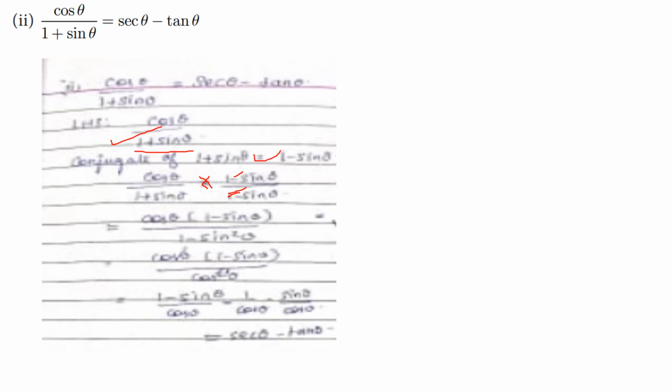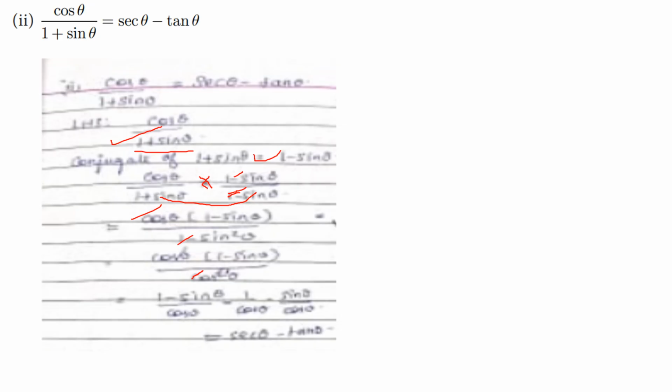Here that denominator will become 1 minus sin squared theta, because a plus b into a minus b. Next, in numerator cos theta into 1 minus sin theta is there. So already you know that 1 minus sin squared theta is what? Cos squared theta. So next step, you write in the denominator cos squared theta.